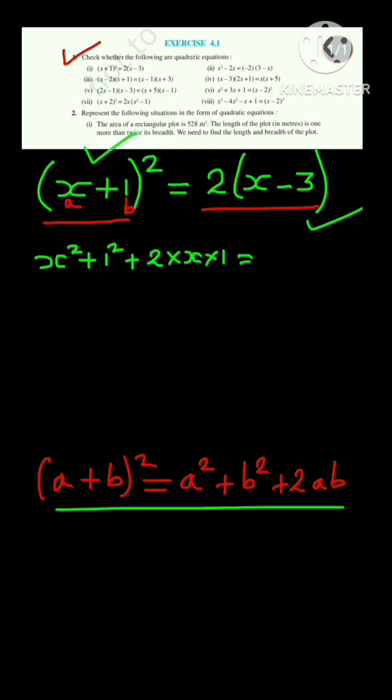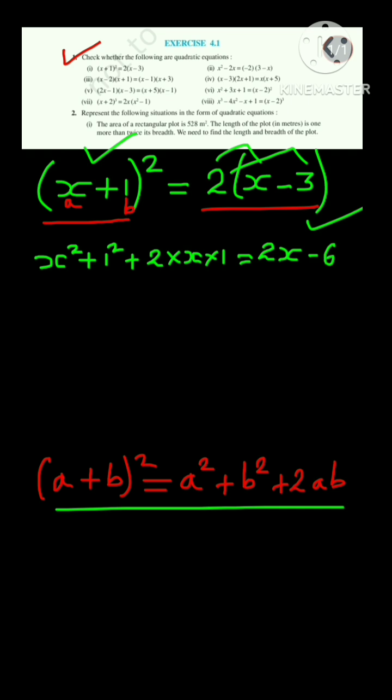Here we just multiply to remove the bracket. So 2 into x, 2x, plus into minus, minus 2 into 3, 6.